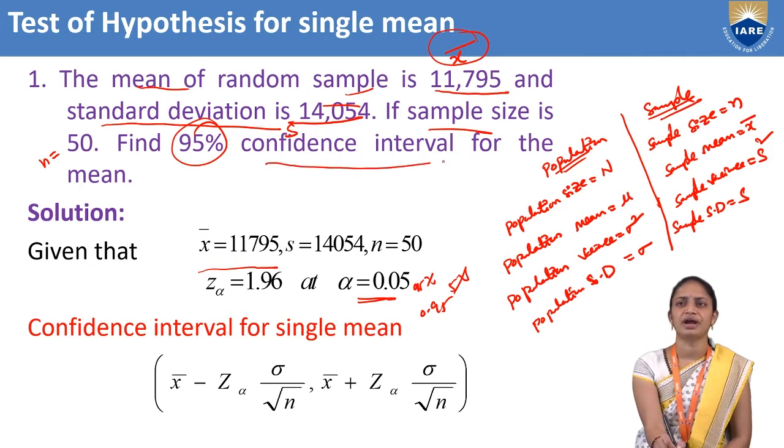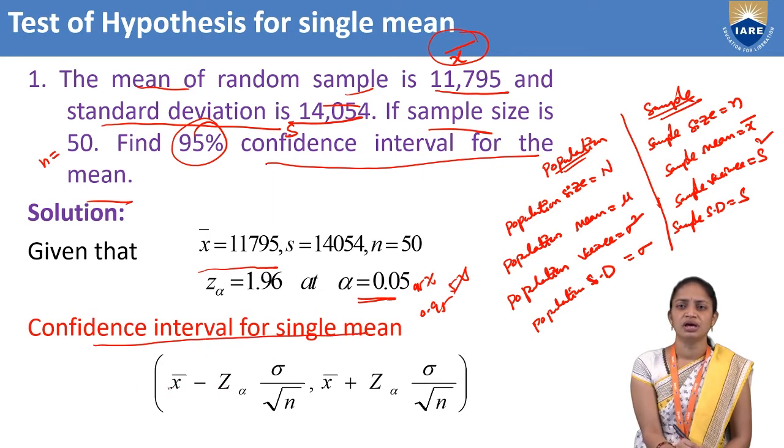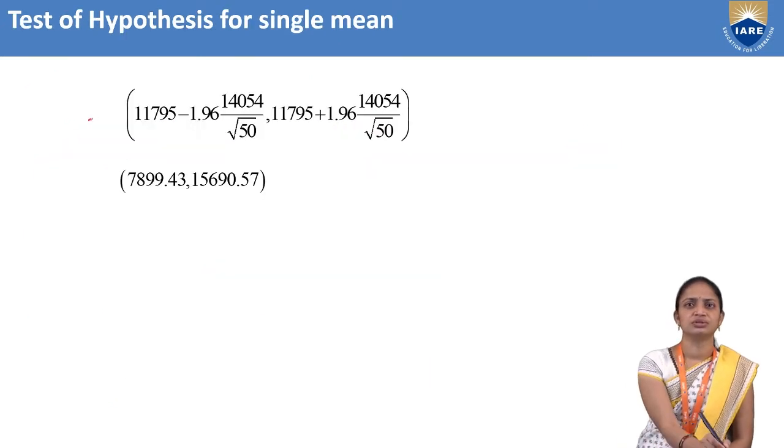So here we need to find the confidence interval for mean. The confidence interval for single mean is x bar minus z alpha into sigma by root n, comma x bar plus z alpha into sigma by root n. Here we have s now, that's why we need to write s.